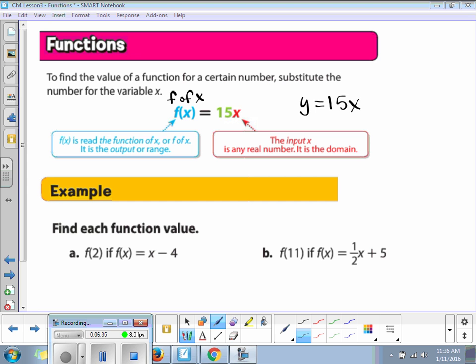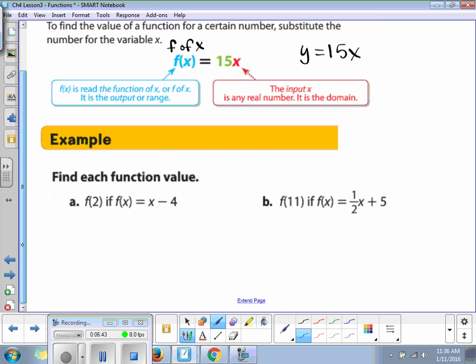Very good. To find the value of a function for a certain number, we substitute the number for the variable x. Here are a couple of examples. We want to find each function value. This is f of 2. We want to find f of 2 if f of x is equal to x minus 4. All you do is take that 2 and substitute it into your equation.